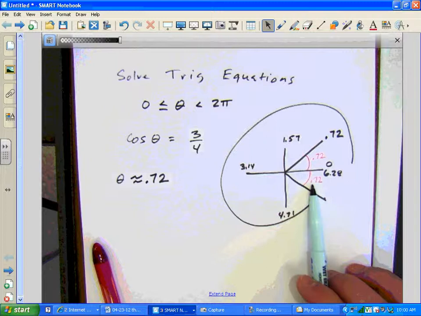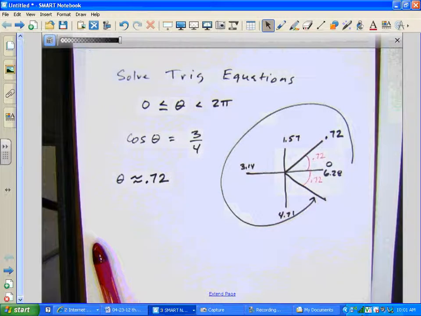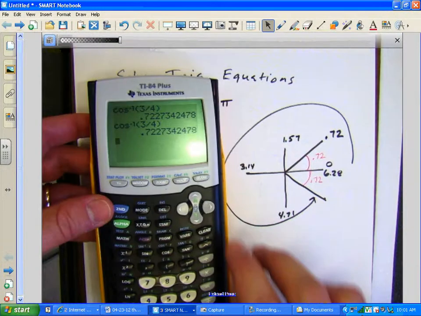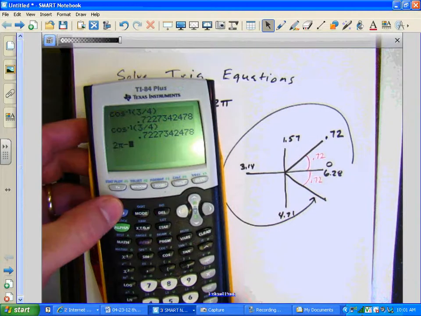So how do we get all the decimal places on our calculator? The answer button. So we'd punch in 2 pi minus answer.